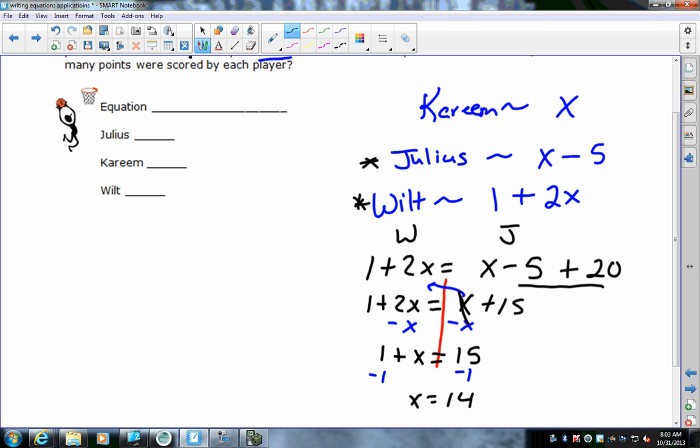Holy moly macaroni. Okay, so my equation that I used up here was 1 plus 2x equals x minus 5 plus 20. Okay. Who is x? Kareem. So Kareem scored 14 points. Now, Julius scored 14 minus 5, which is 9.